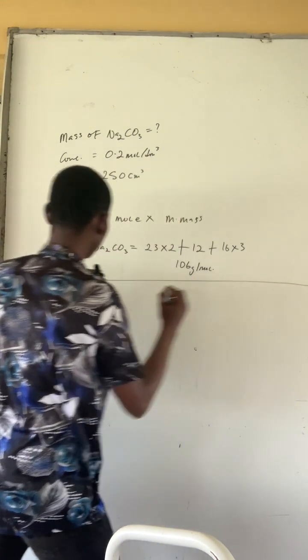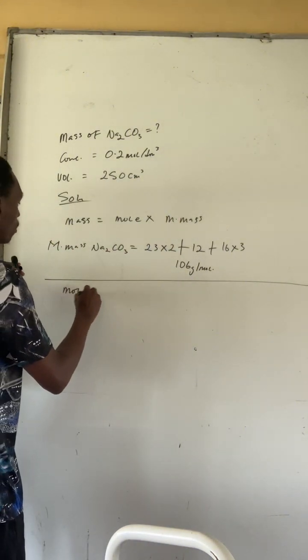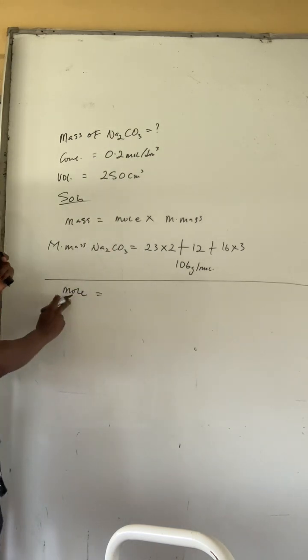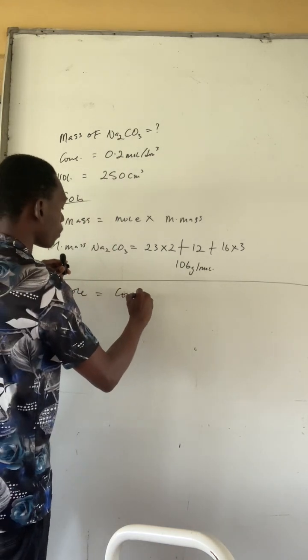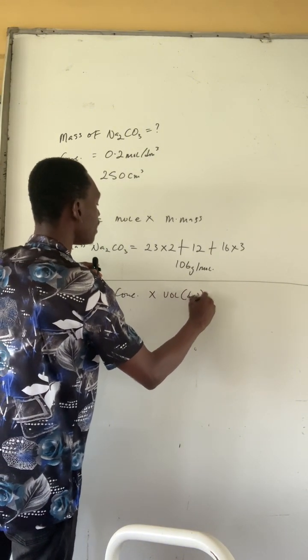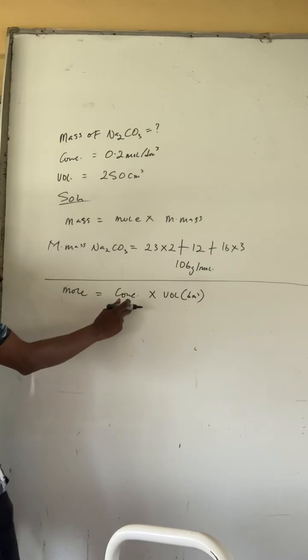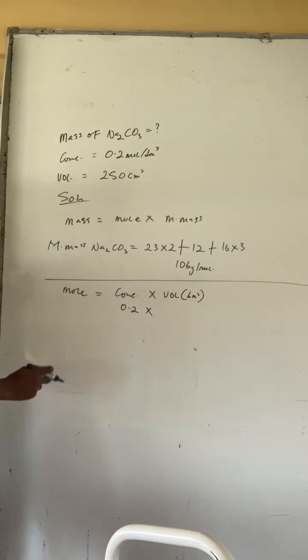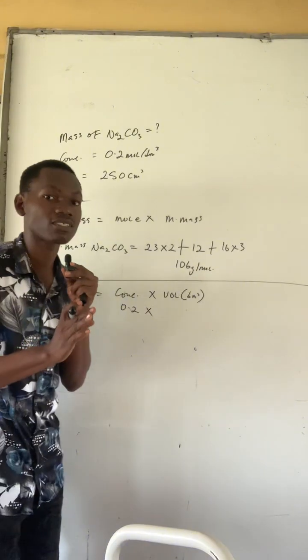Also remember that using concentration and volume, mole is equal to concentration times volume in dm cube. So our concentration is 0.2, and our volume is in cm cube. But this formula only accepts dm cube.